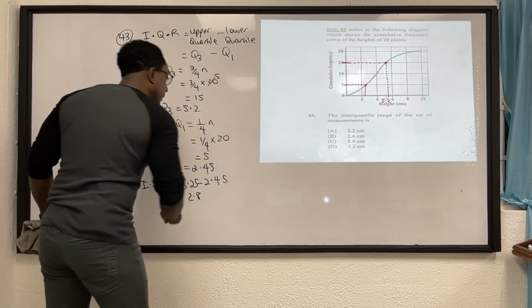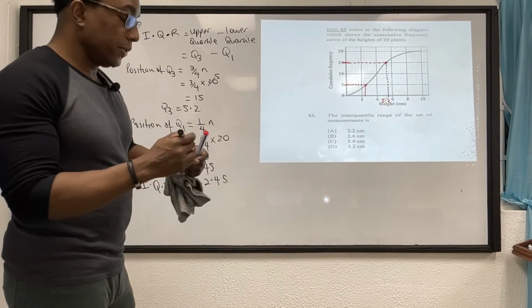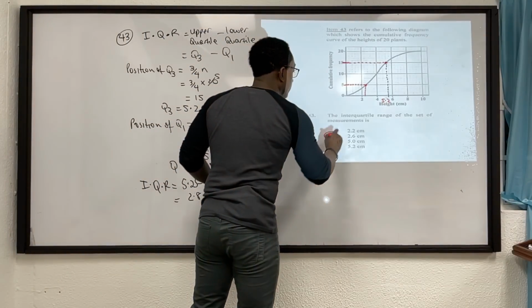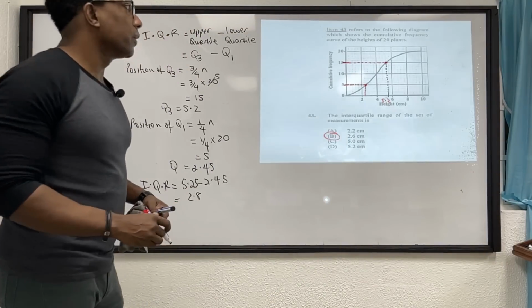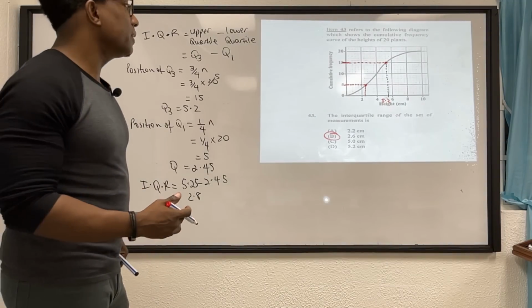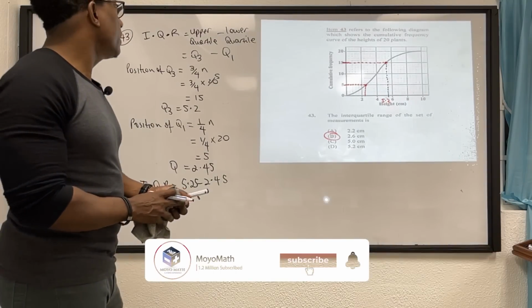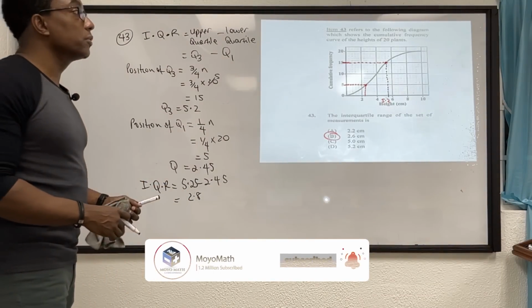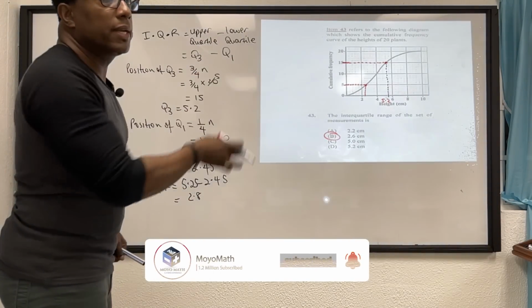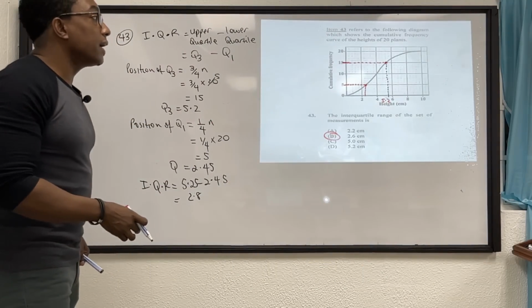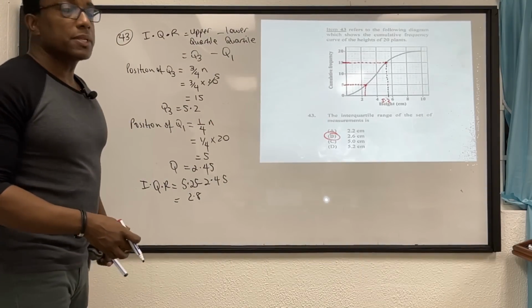So 2.8, and the closest value to 2.8 will be B, which is 2.6. It's an approximation in this case, so let's go with 2.6, the closest value. So the interquartile range is your upper quartile minus lower quartile, and we have to do what we call interpolation, moving from the y-axis to the x-axis to determine both quartiles and subtract them.